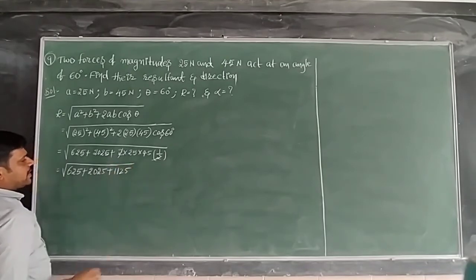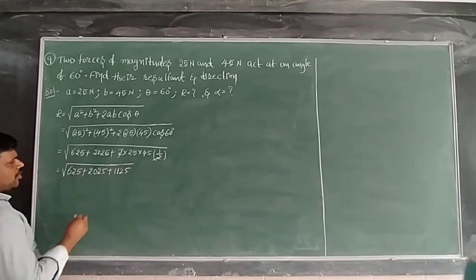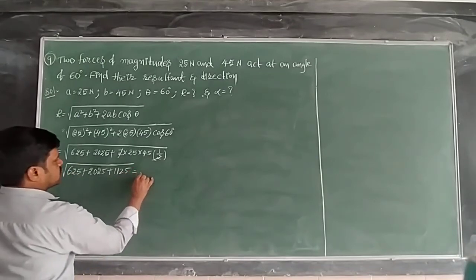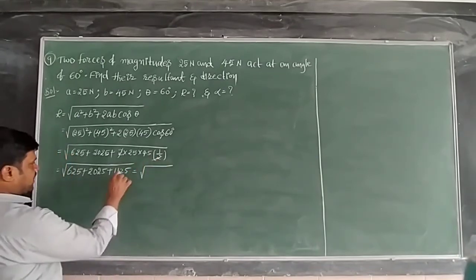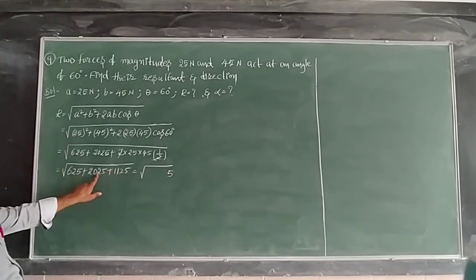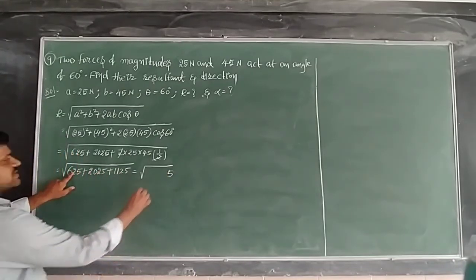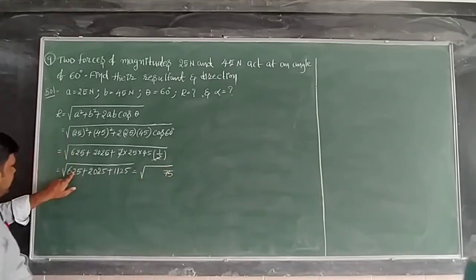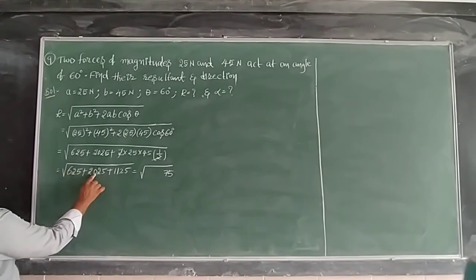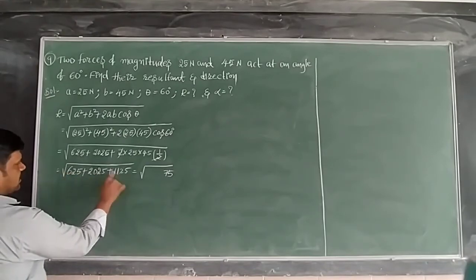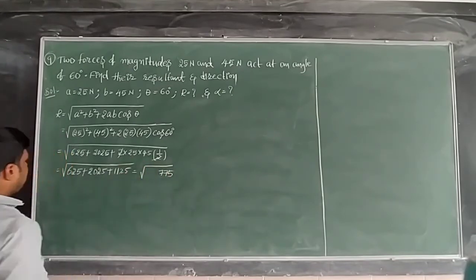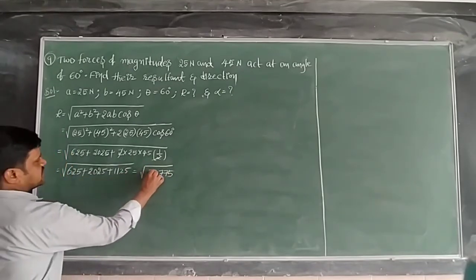By adding these three, you get the square root of 3775.